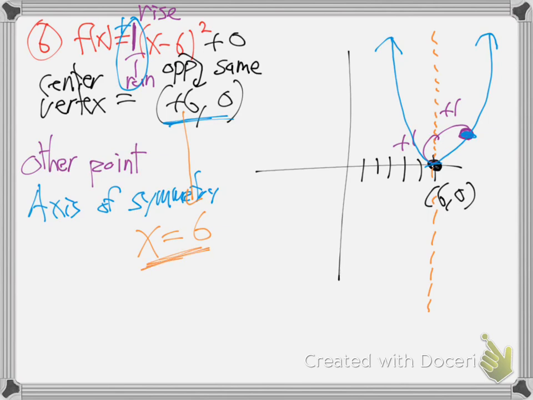It's a dotted line going right through the middle of the U shape. So this is how you do the problems when they have parentheses squared. You just do opposite, same. That gets you the vertex, and then you do your other point.